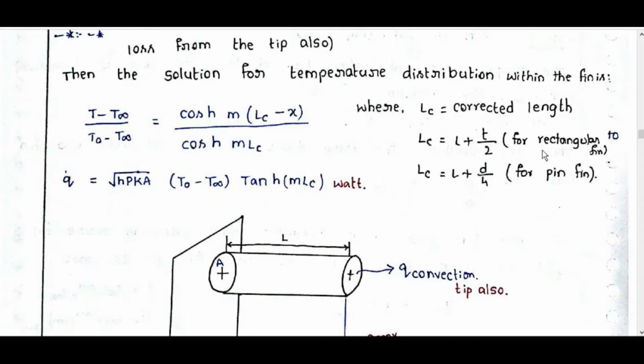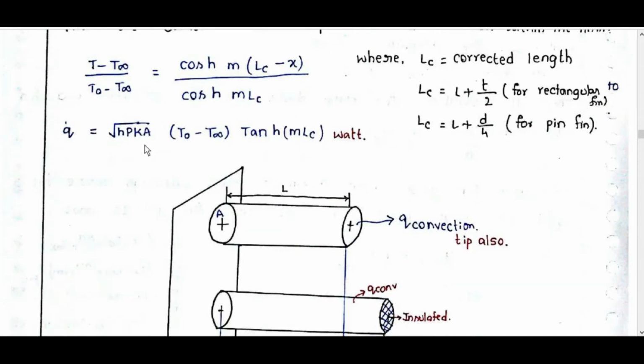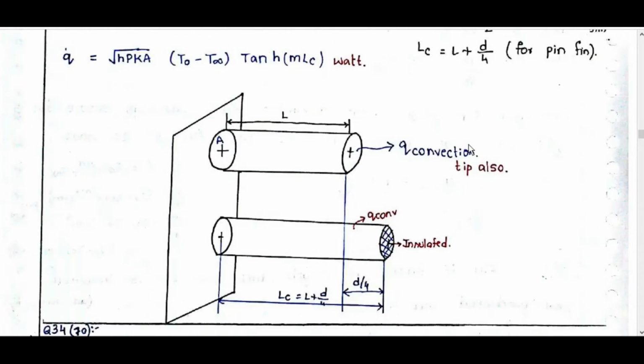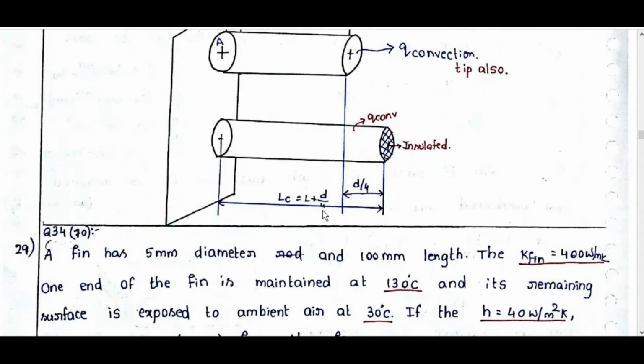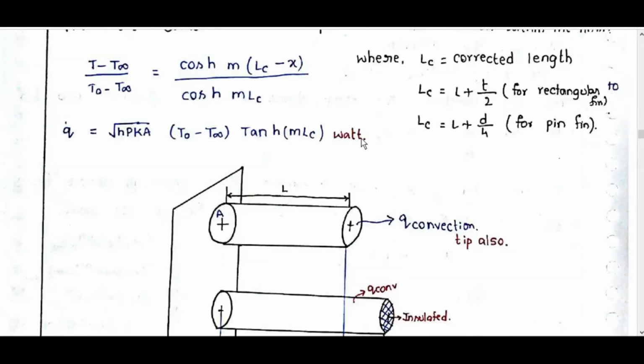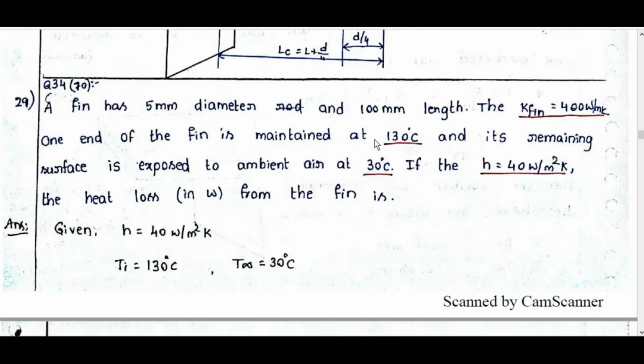Lc is equal to L plus t by 2 for rectangular fin. Lc is equal to L plus D by 4 for pin fin. Q dot is equal to root(hPkA) into (T naught minus T infinity) into tanh mLc watt. This is equivalent to Lc equal to L plus D by 4 for pin fin, L plus t by 2 for rectangular fin.